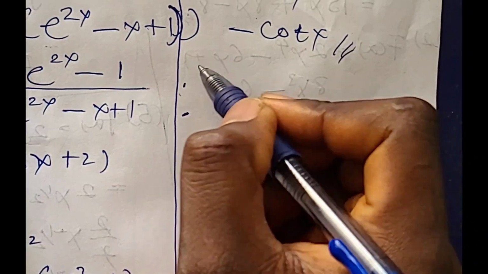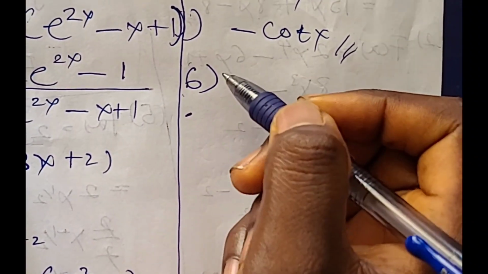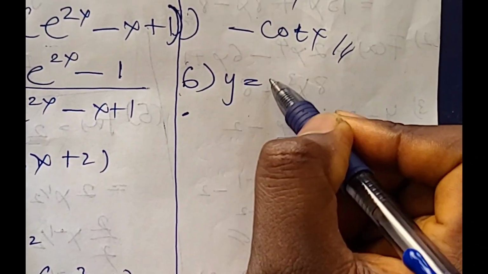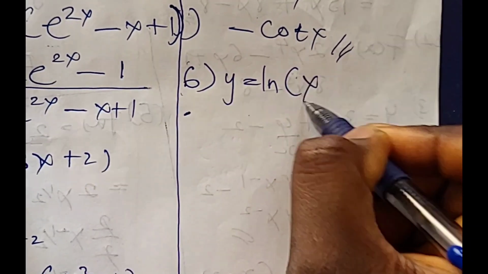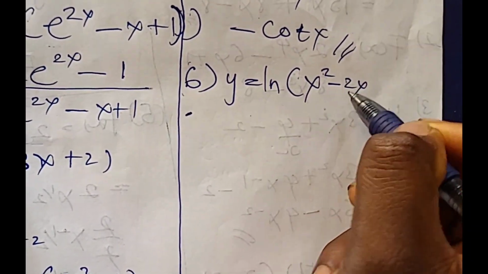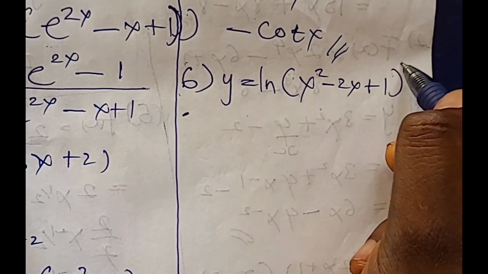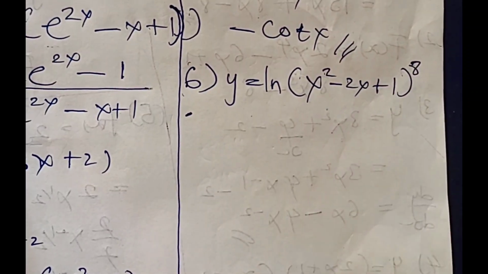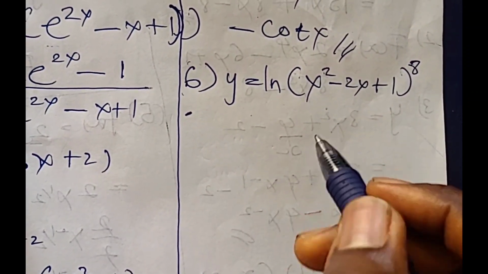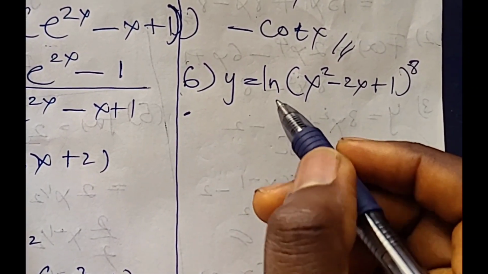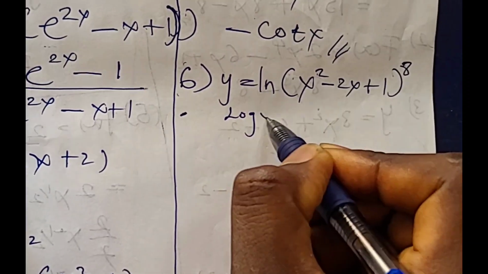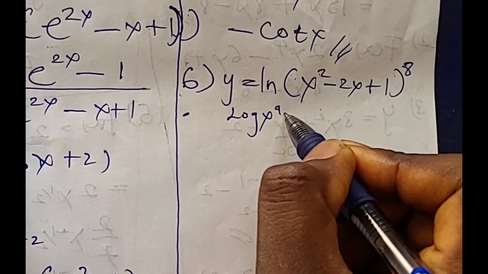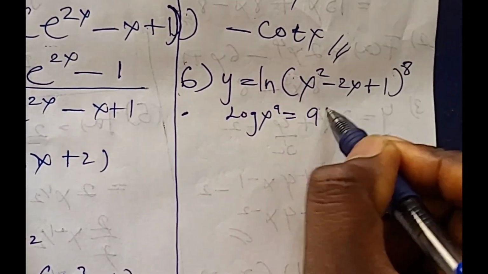So we have number 6. Number 6 is y equals ln((x squared minus 2x plus 1) raised to power 8). It's still the same, but there is a logarithm rule that says log x raised to power a is equal to a log x.